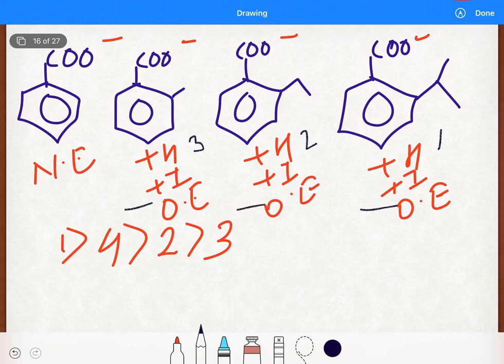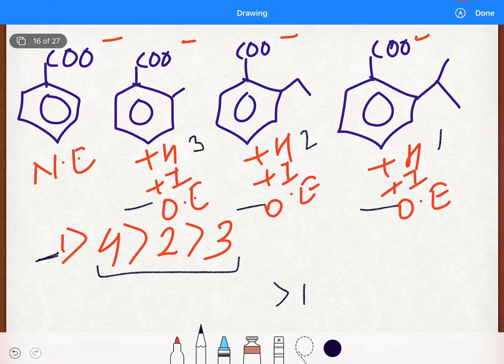Now check, the rest of the three have the ortho effect, and we know that if the ortho effect is available, then the molecule will be more acidic than the carboxylic acid. Then this one has to go to the last, meaning all three will come before the carboxylic acid, correct? So we kept the one at its place and put the rest of them just before it.